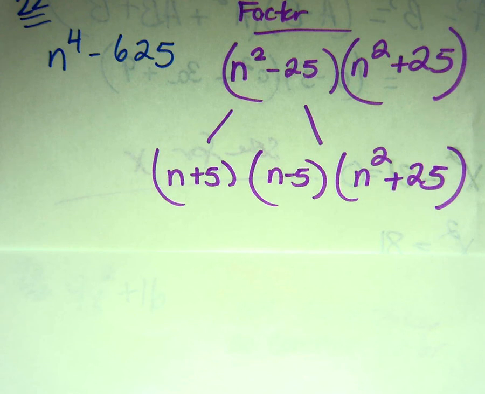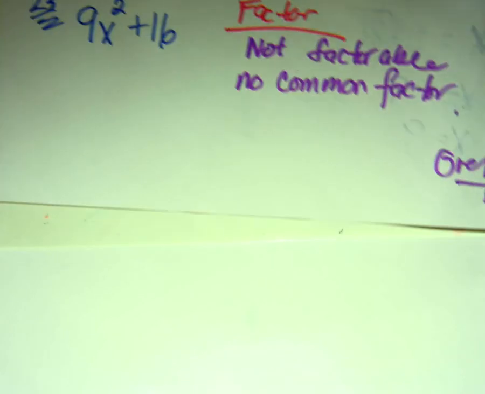Here goes 25. So that's a 5, that's a 5. Because it is negative, one has to be positive, the other one has to be negative. So your final answer is n plus 5 times n minus 5 times n squared plus 25. But remember, because this is positive and does not have a middle term, it cannot be factored.